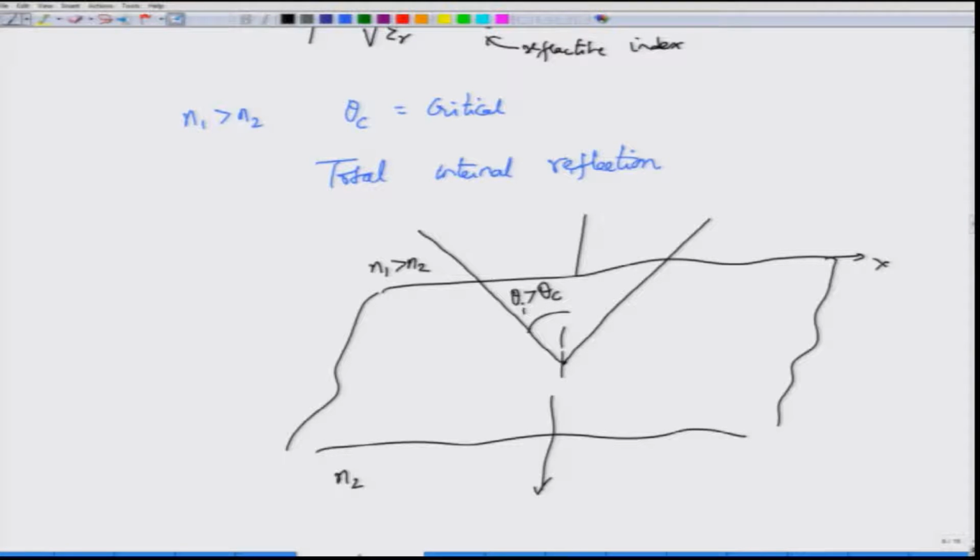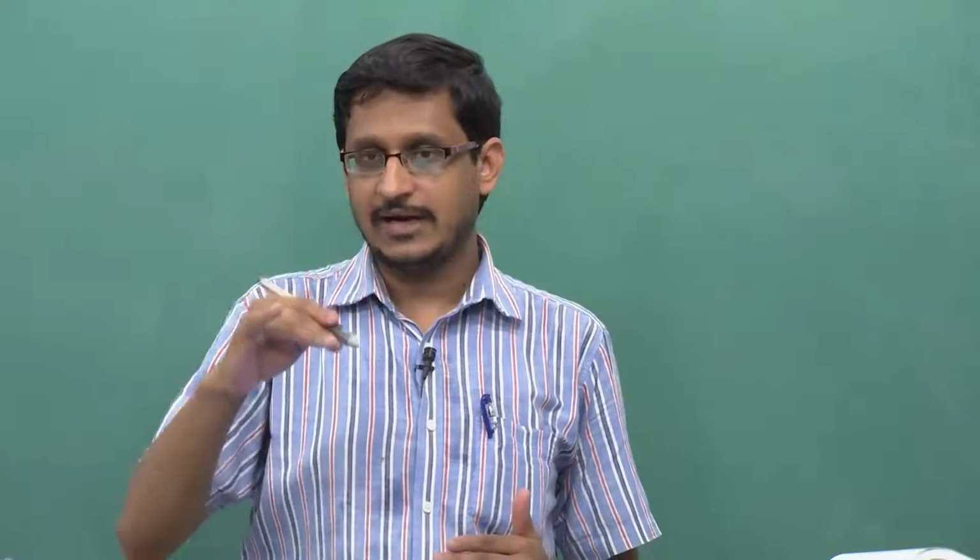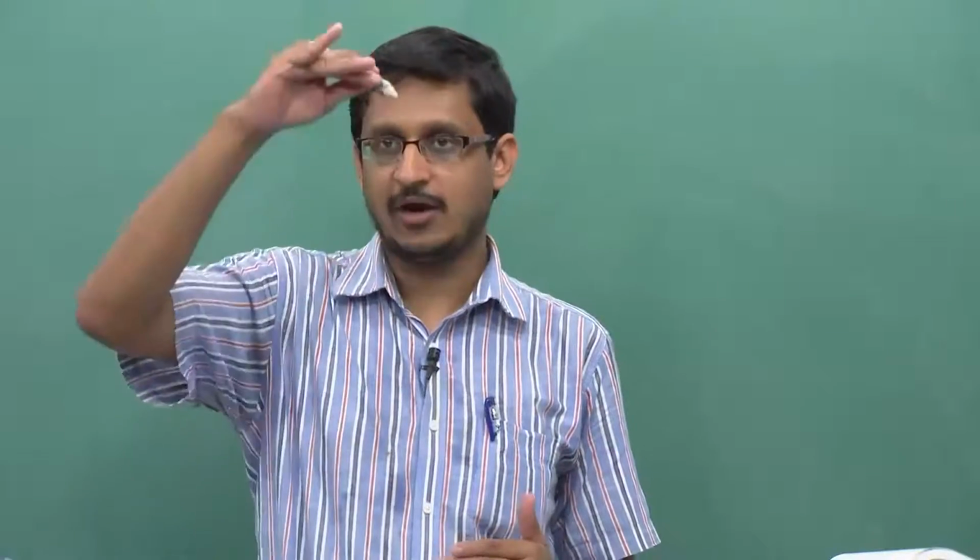Okay. While this is a simpler picture, the electric field amplitudes would not go away. What would happen is there would be propagation of the electric field along the axis. Okay. However, this amplitude of the electric field decays as you go away from the interface from the top to bottom. You will see that the electric field amplitude starts to decay this way.